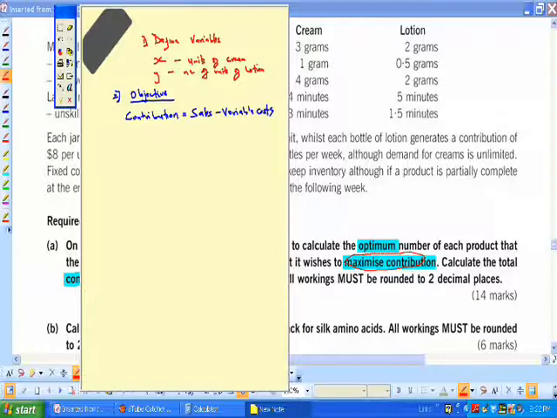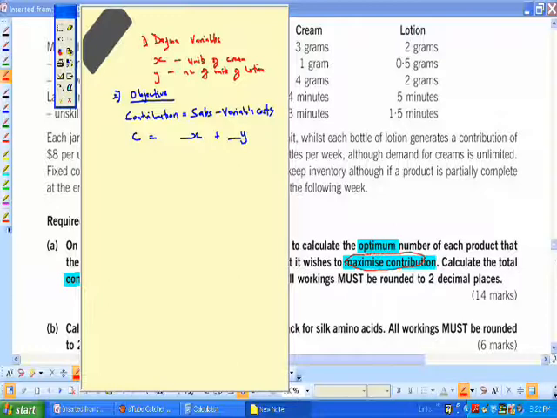So our contribution, which I'm going to call C, if I'm making X units of cream and Y units of lotion, means what I need is to find the contribution per unit for X and the contribution per unit for Y.